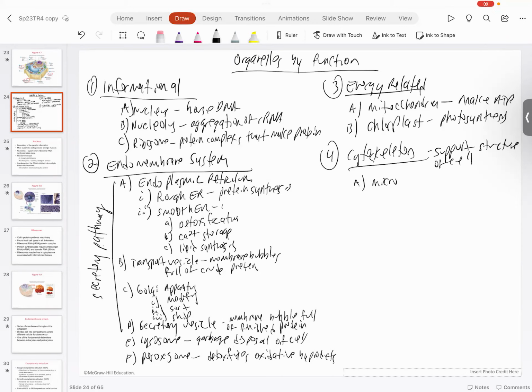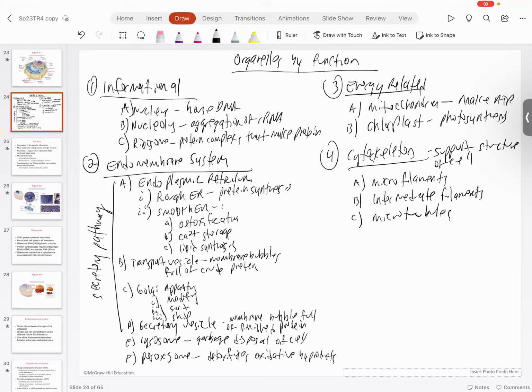There's microfilaments, intermediate filaments, and then there's microtubules. 3 different fibers in the cytoskeleton, and they have 3 distinct different jobs. We're going to see examples of all 3 of them, actually, and unpack some of the biology that they are responsible for. So that is the 4th main.